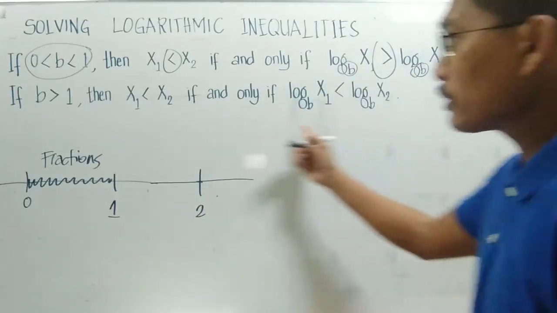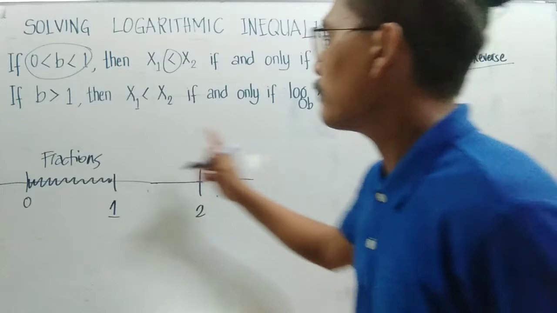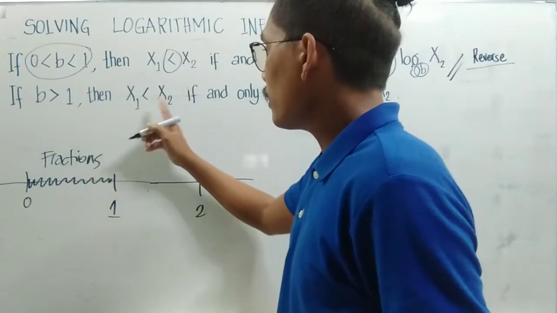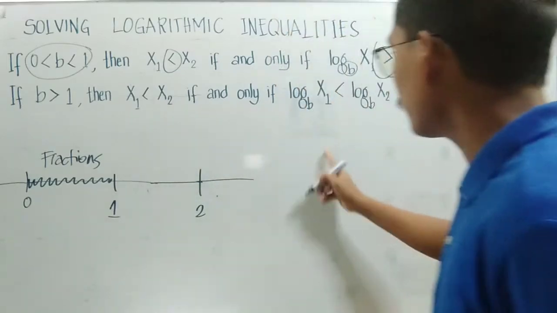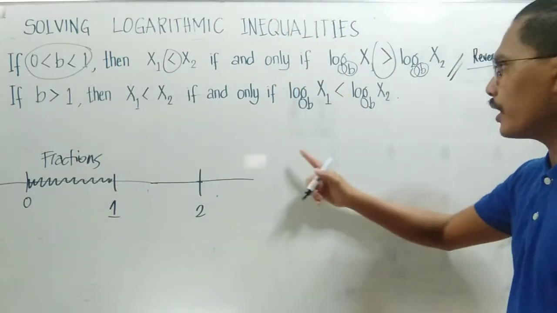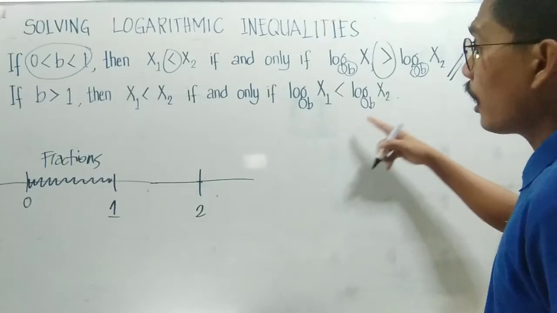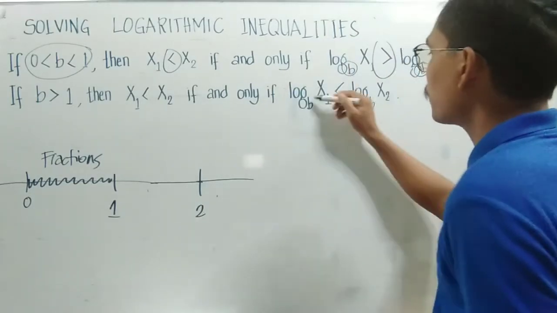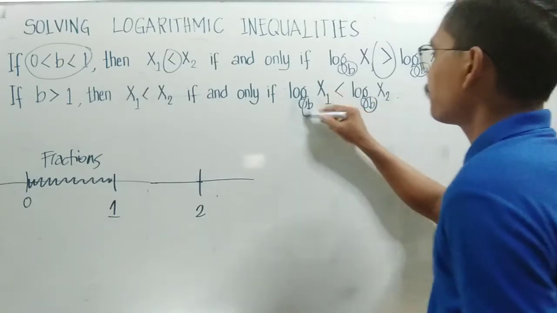Okay? Then number 2, or the second property, we have if b is greater than 1, then x sub 1 is less than x sub 2 if and only if log of x sub 1 base b is less than log of x sub 2 base b. So the same with property number 1, we have here your bases.